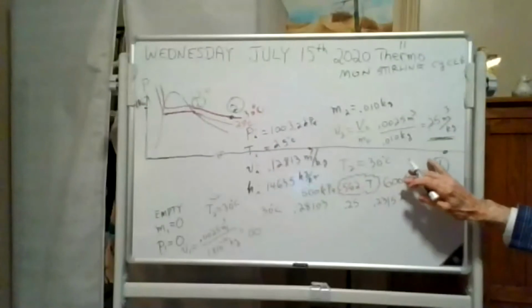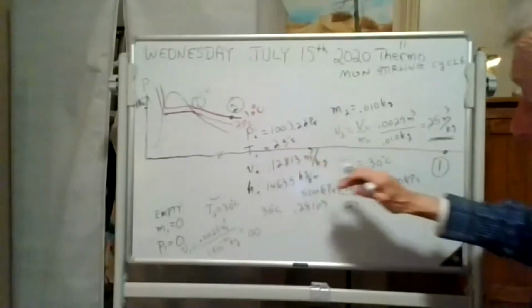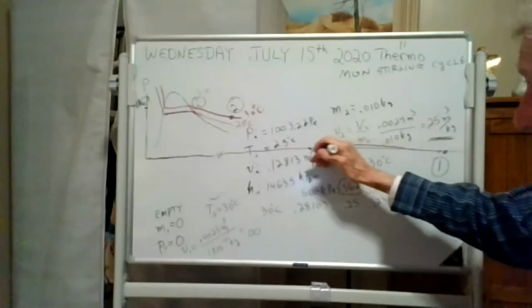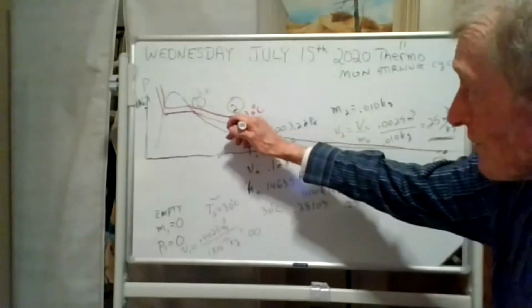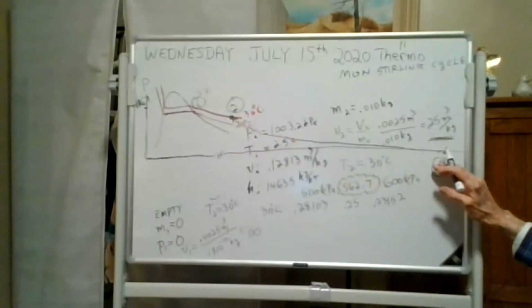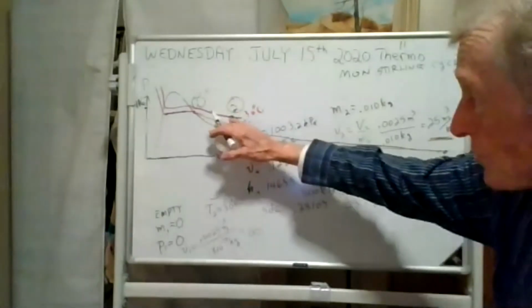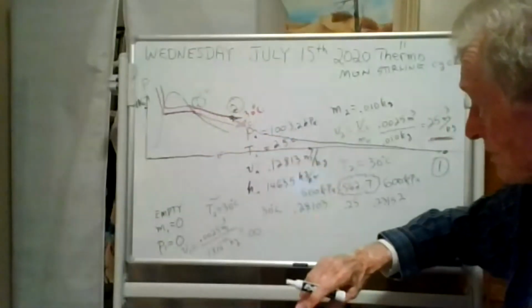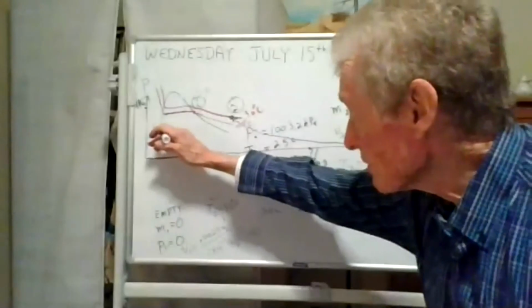Now here's state one, and here's state two, and here's your process. It's kind of weird. I know it's kind of weird, but there it is. You went from 1, way out there at infinity, to 2, and the pressure at 2 is 562.7 kilopascals, and that's the correct answer.